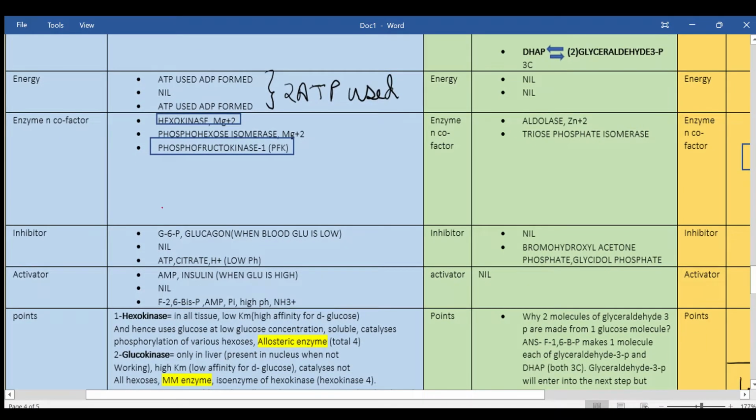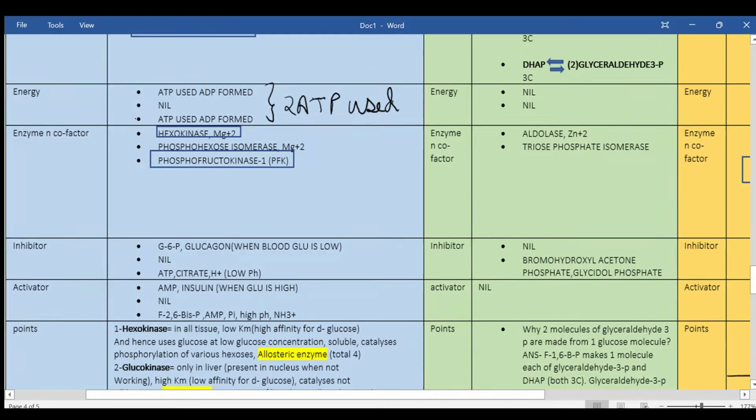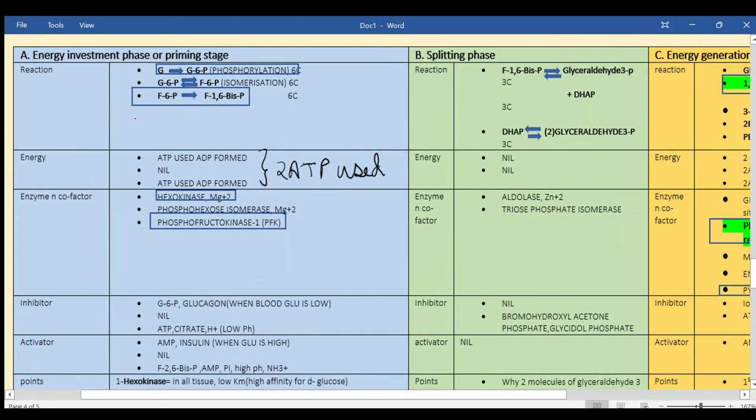Now, what are the enzymes and cofactors needed here? In the first step, that is glucose to glucose 6-phosphate, hexokinase is used, and the cofactor is magnesium plus 2, that is magnesium ion. In the second step, phosphohexose isomerase is used. Why isomerase? Because it is the isomerization process.